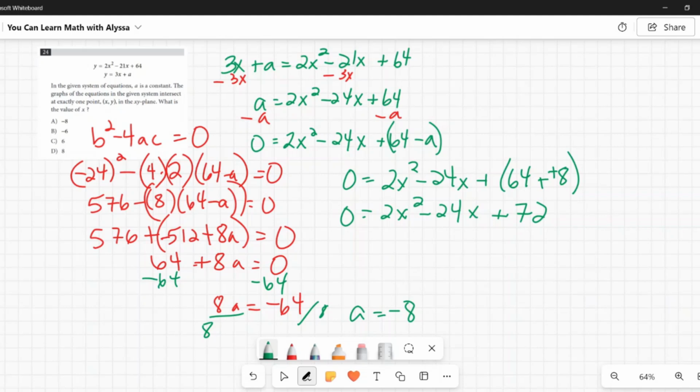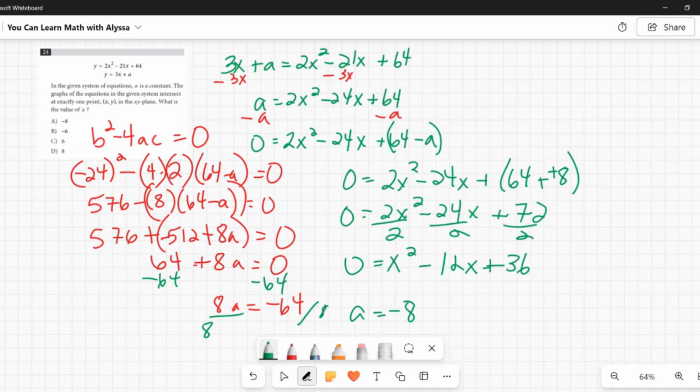Okay, so to factor this, I can divide everything by 2 first, to simplify it a little bit, and I get 0 equals x squared minus 12x plus 36. What multiplies to a positive 36 but adds to a negative 12? If you know your patterns really well, you may already see this, but that is going to be negative 6 and negative 6.